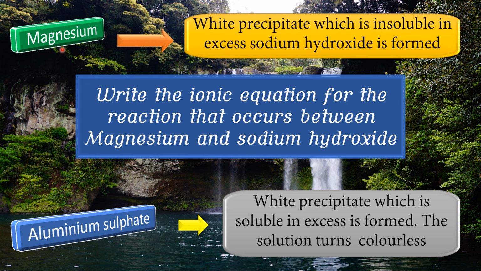So we have our magnesium here, and we have added sodium hydroxide, and we formed a white precipitate. Now we want to write the ionic equation for that reaction that took place to form a white precipitate.